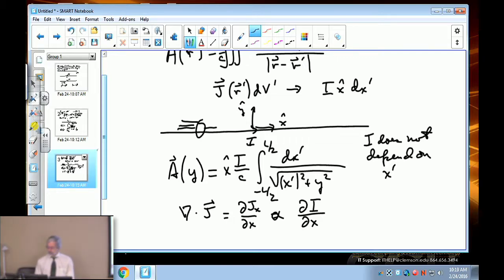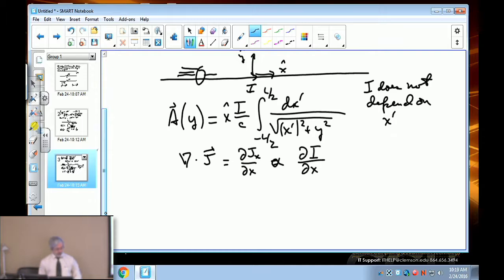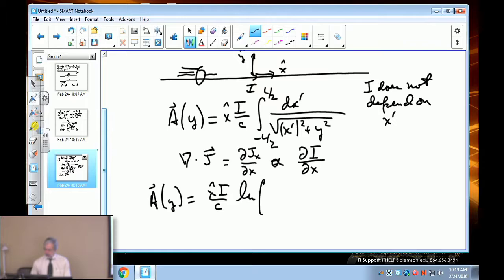Okay, so there's the integral, and the form of the integral then, A as a function of y. Doing this integral and evaluating it, you can see here in the solution that I gave you, it looks like this.